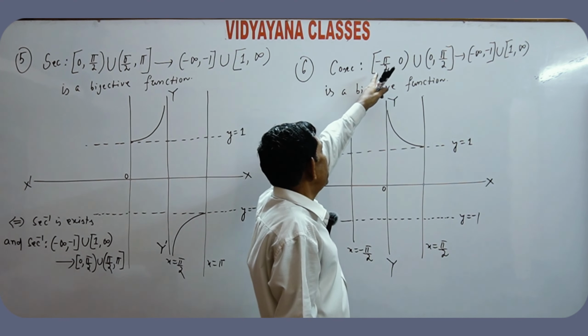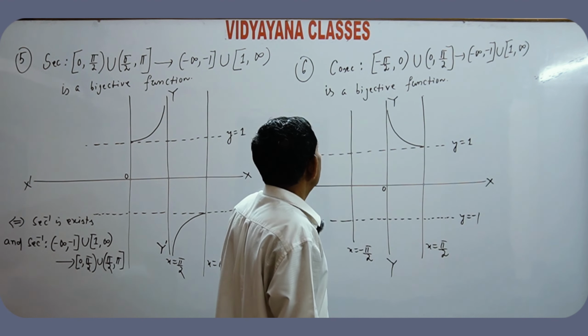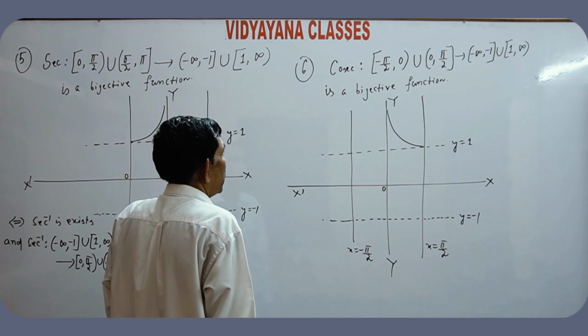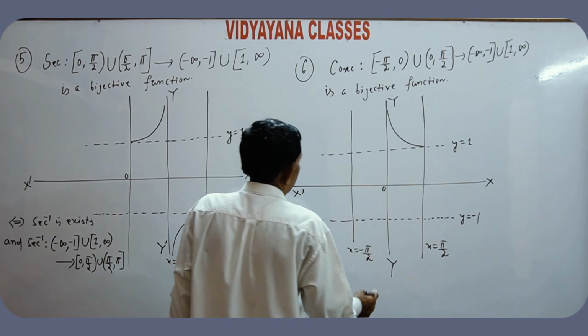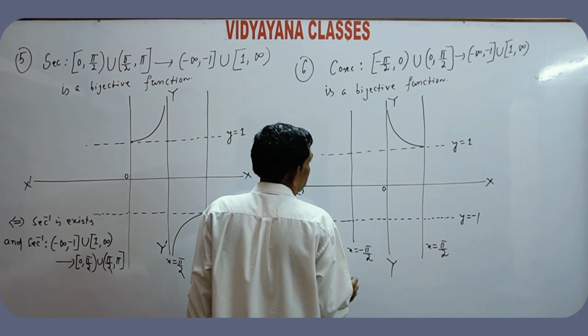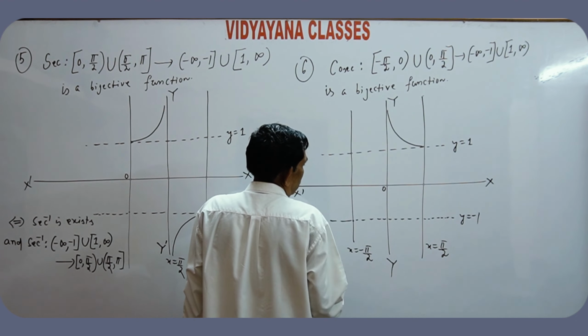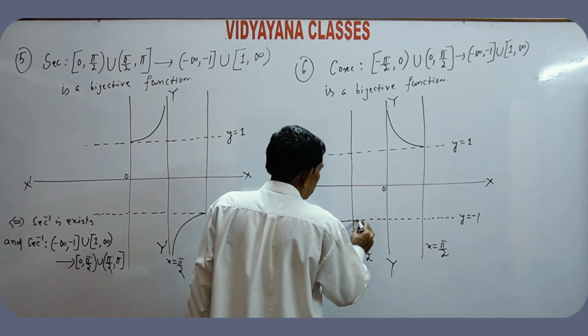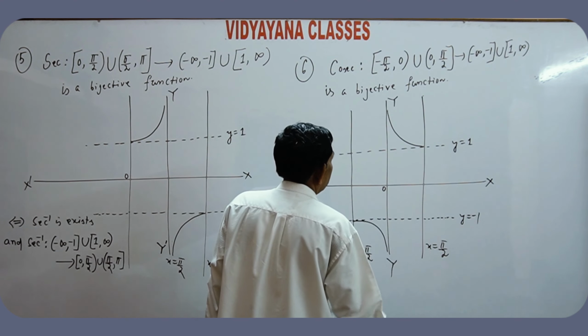At x equal to minus pi by 2, cosec minus pi by 2 is equal to minus 1, and minus infinity. It is the graph.